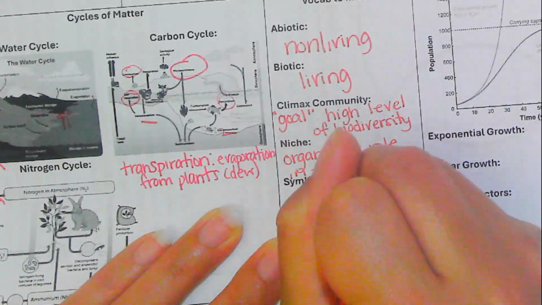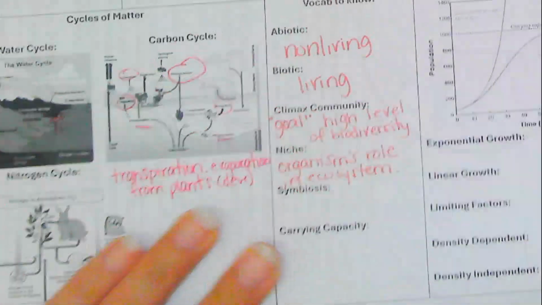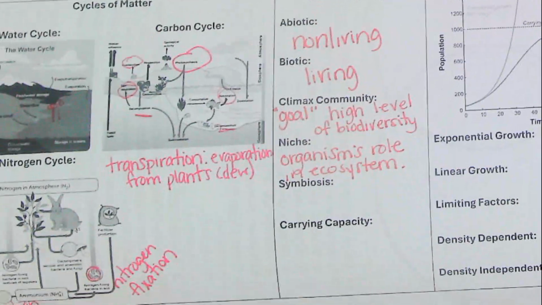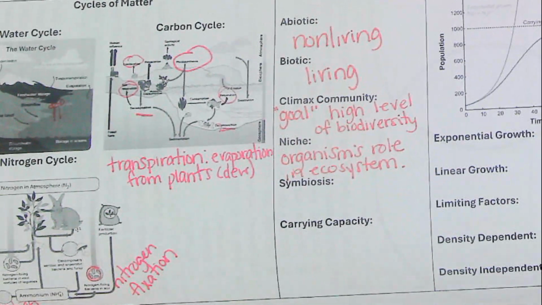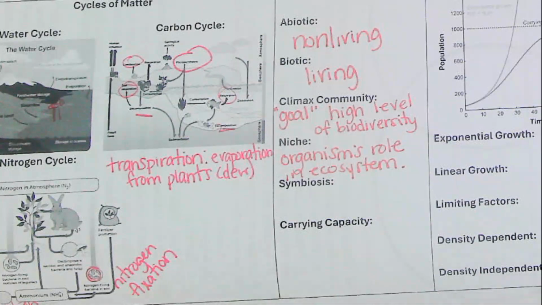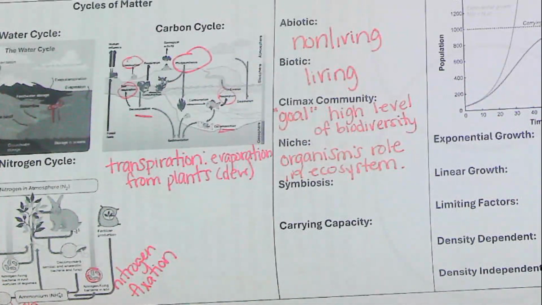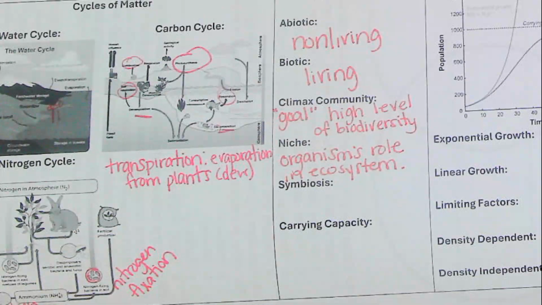I might see that one pop up. Typically, a lot of people confuse it with an area. A niche is kind of your role. Maybe you are the predator. You fill that niche. Maybe you are there to add stuff to the soil. What is symbiosis? A relationship.